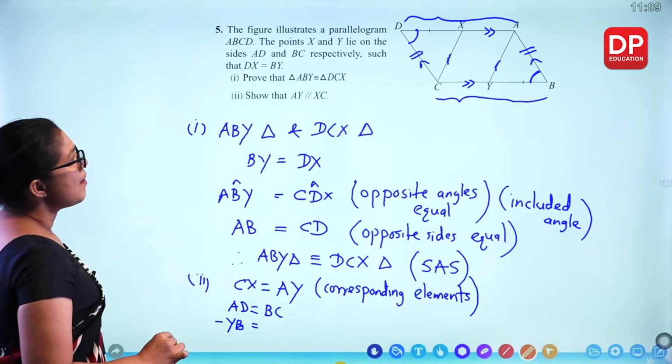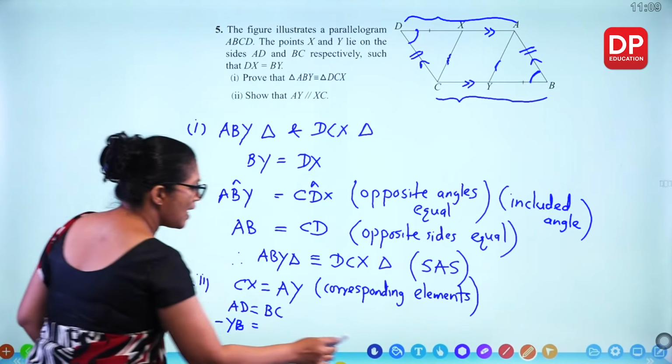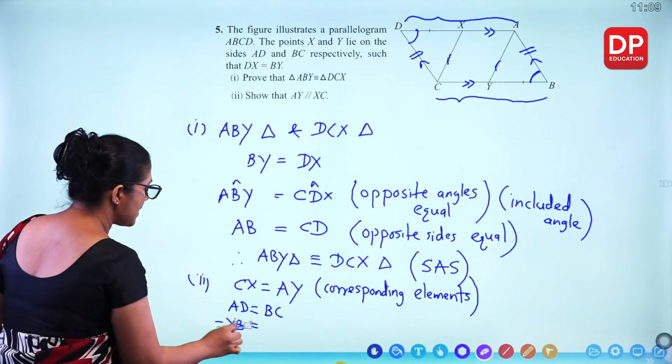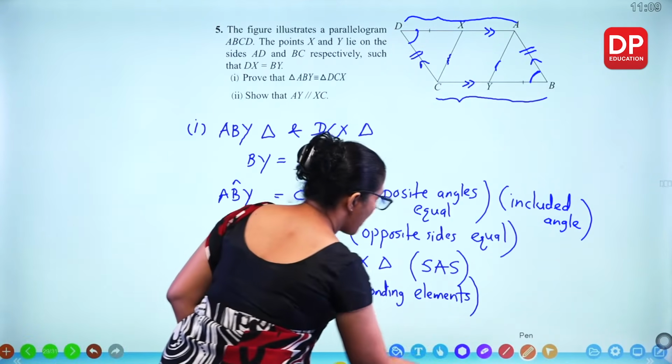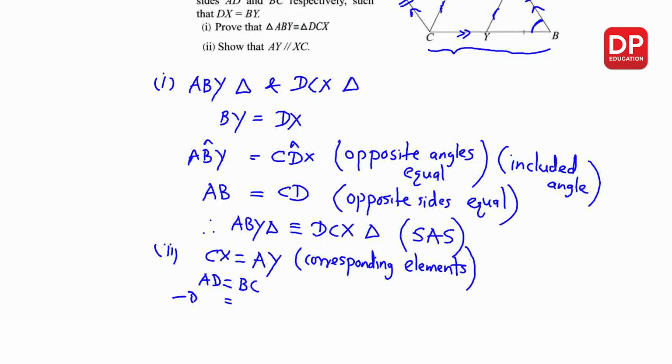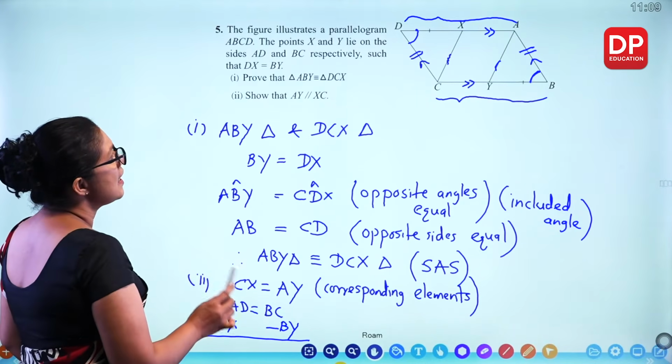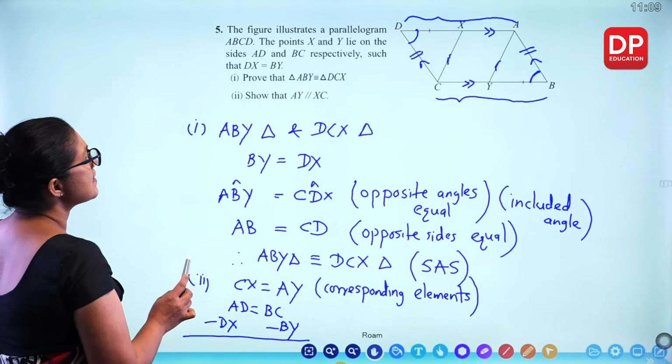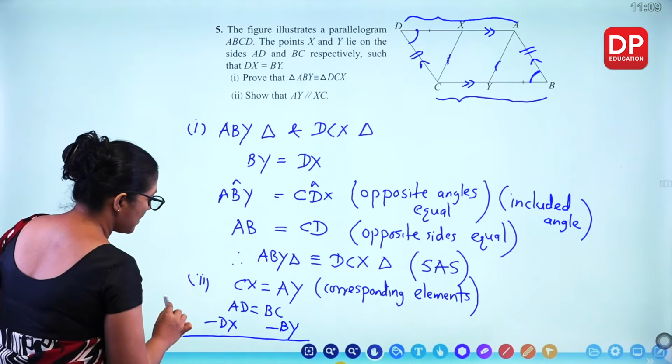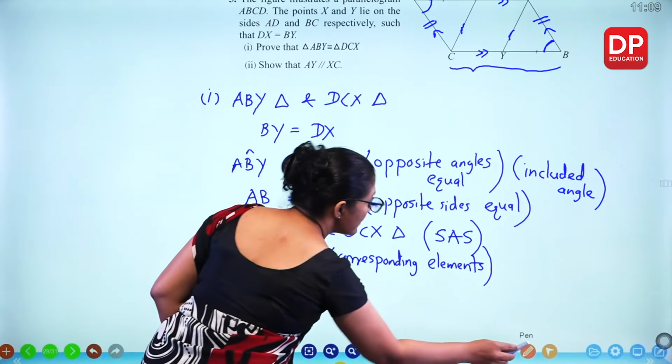AD, I'll subtract DX from this side. DX is same as BY, BY from this side. What's the answer? AD minus DX, I am getting AX. So this is AX.